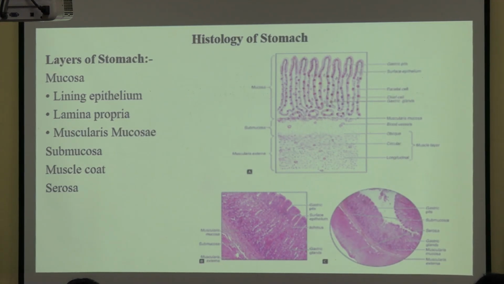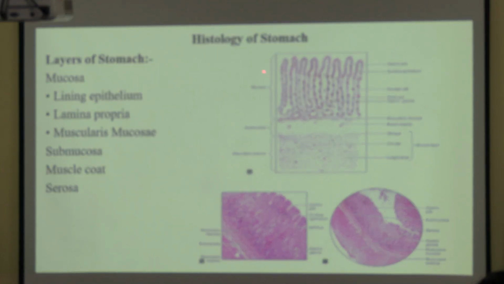Next, the lamina propria. Mostly it will be occupied by the glands, the gastric glands. Now, if you see the diagram carefully, can you see the lamina propria over here? Look, this entire part is the mucosa.